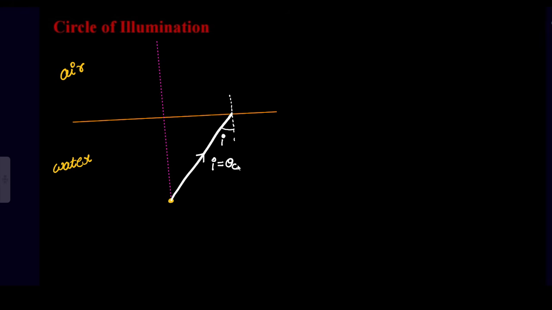It will graze the surface like this. Now, if the angle of incidence is greater than theta c, total internal reflection occurs. In this case, the light ray will come back into the initial medium only.